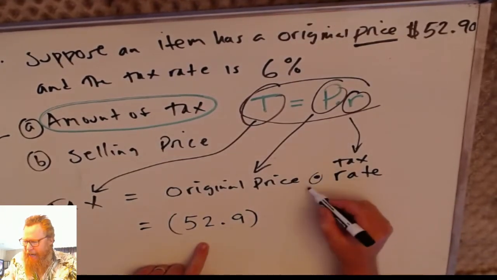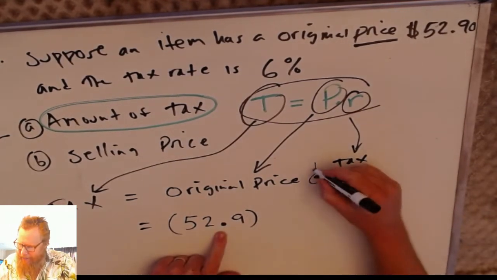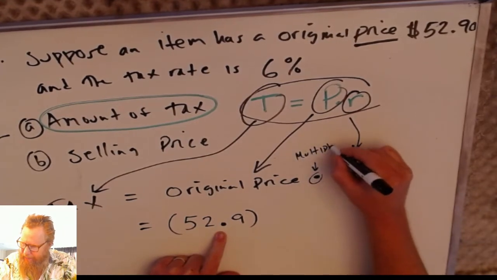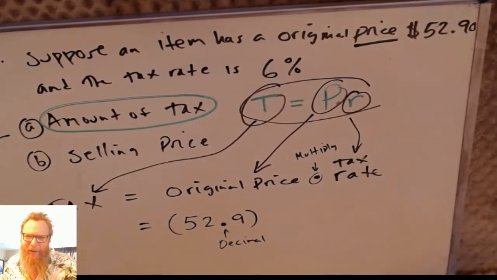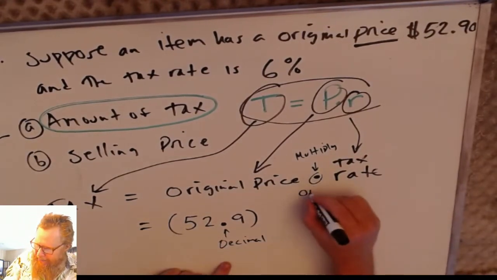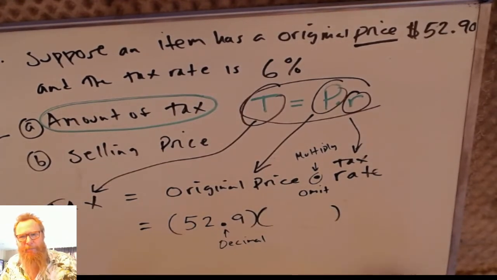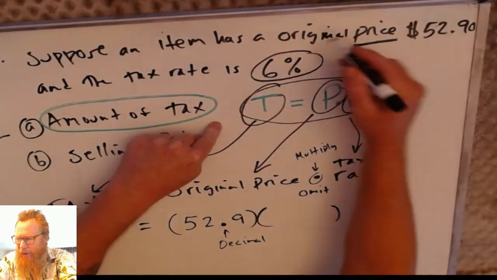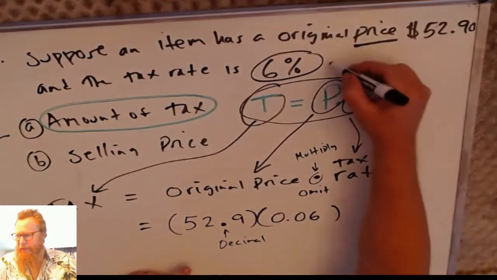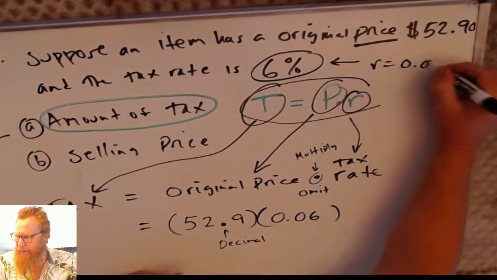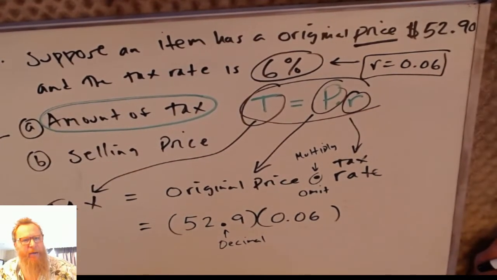Now again, I want to be careful with decimal points and multiplication. This dot means multiply, and this dot is decimal. To avoid any confusion, I'm just going to omit the dot and put parentheses around it. And then the tax rate, R, is 0.06. That's 6%, or 6 out of 100.